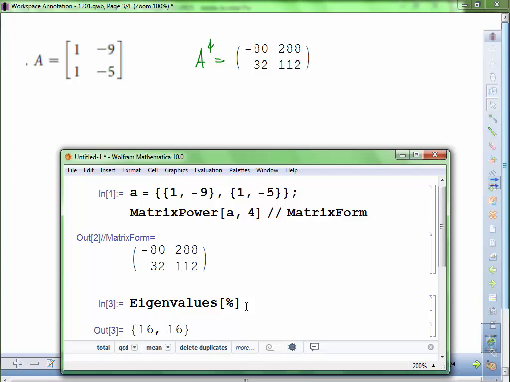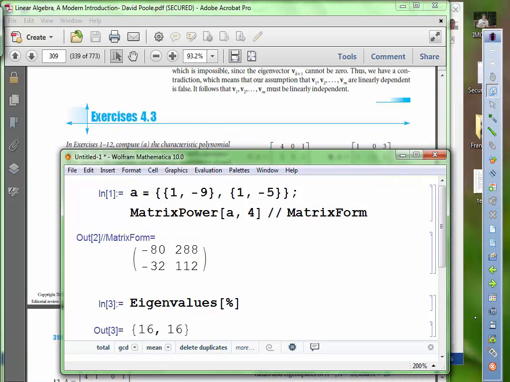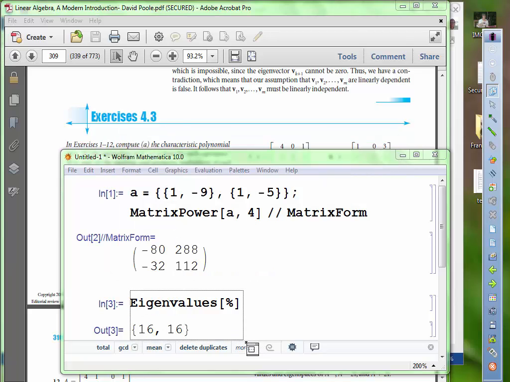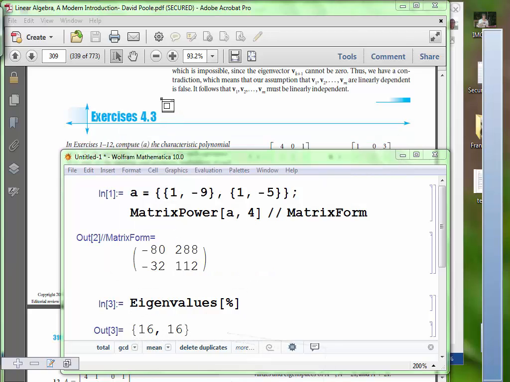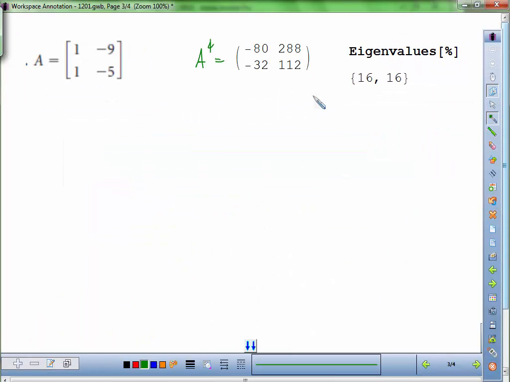So here are your eigenvalues for this matrix, turns out. So we got lambda in this case, negative 2 to the fourth power, as verified.